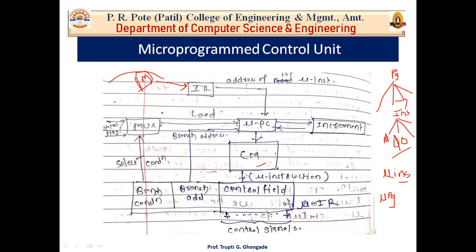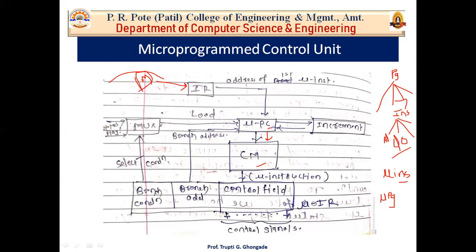So here we get the address of the first micro instruction, and that address is given to the control memory. Okay, so first we fetch the instruction from memory and load it into the IR. Once it is loaded into the IR, we get the address of the first micro instruction, and now your micro PC will hold that address, and this address is given to the control memory.